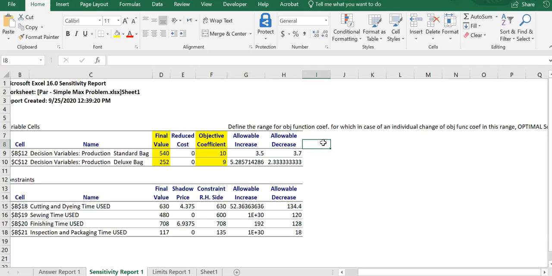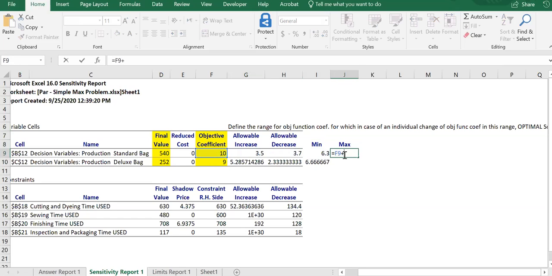So let me first find the minimum and maximum, or lower bound and upper bound, of this value. So 10 is the current value plus or minus the allowable decrease. 9 minus 2.33, and the max is 10 plus the allowable increase, and 9 plus 5.28.